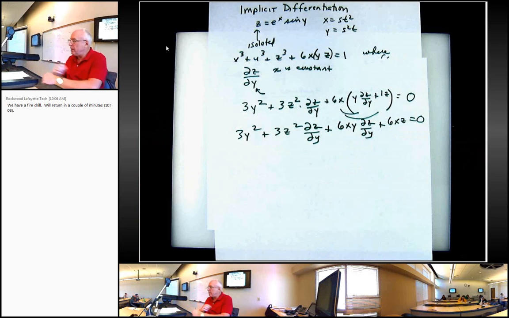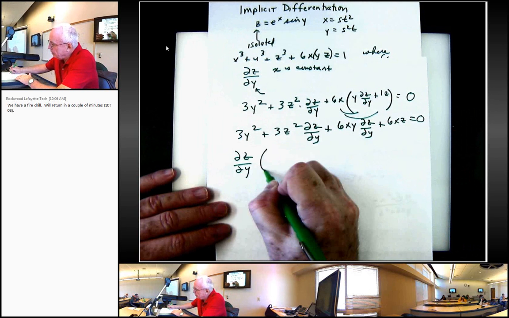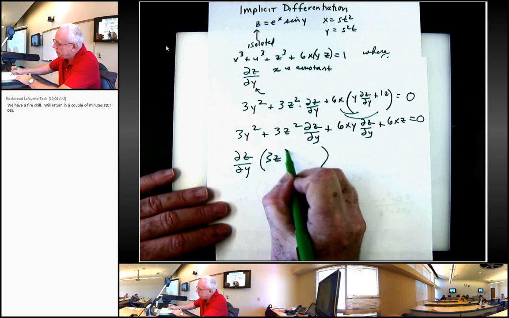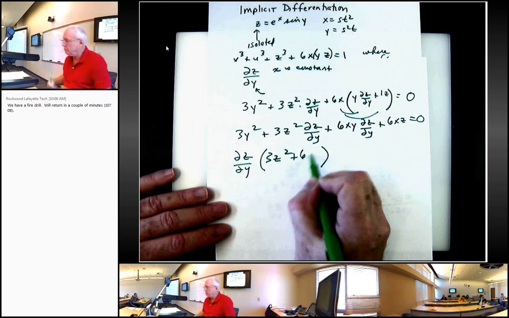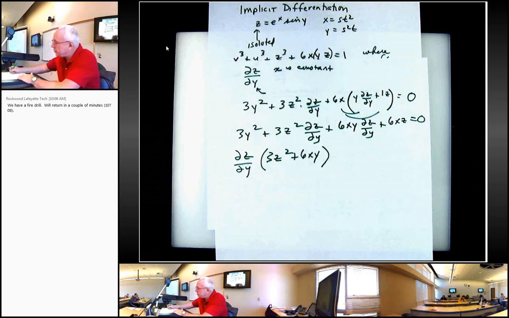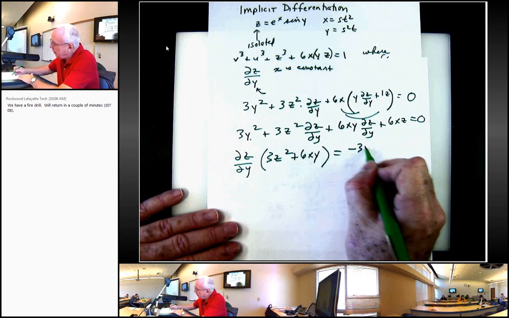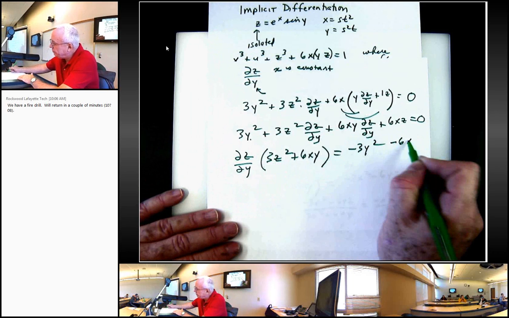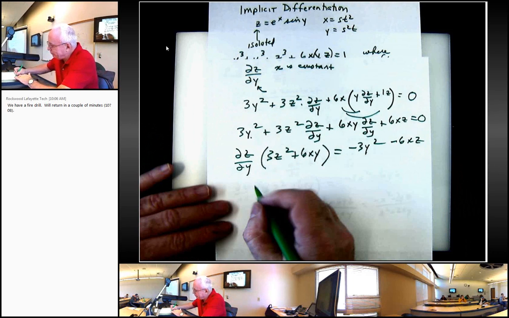And now combine. dz dy is going to be multiplying what? 3z squared and 6xy. Let's get the other stuff on the other side. We have a 3y squared, and we also have a 6xz, minus 6xz. All right? And then we divide, and we're almost done.